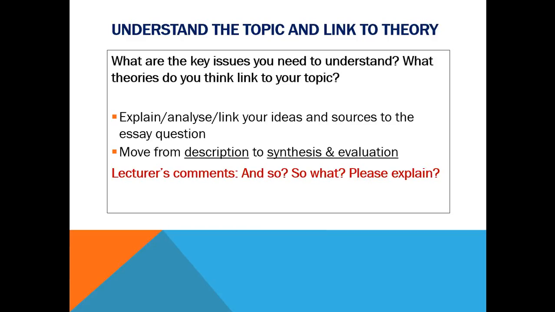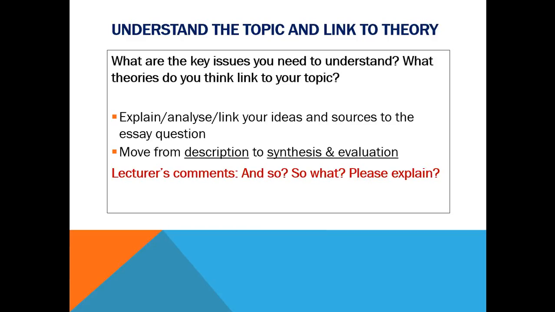So, the trick to this, though, and you find this a lot in first year, is that a lot of people get stuck on describing. Particularly with this assignment, from past experience, I've seen that people get all excited about the ABS data and they get this great amount of data, and they'll just go, the Australian family has changed because there's a higher divorce rate now, or this many same-sex couples, which is all really relevant information.